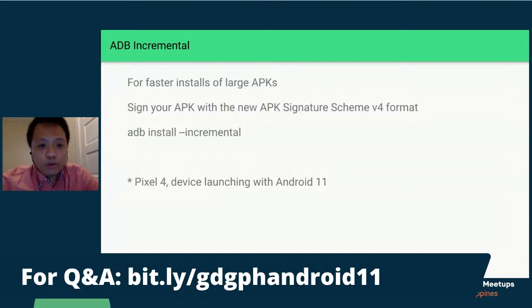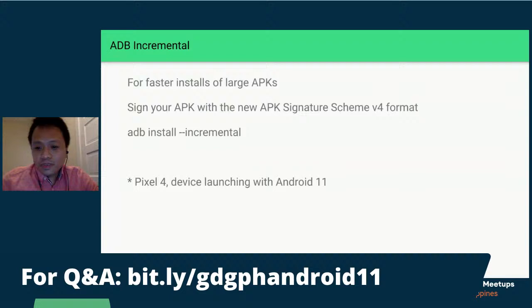It will only install the stuff that is new, but you need to use signature scheme version 4 format, that's the latest. Unfortunately, it's hardware based, so for now it's only available for Pixel 4. But any device launching with Android 11 should be able to use this, according to Google.